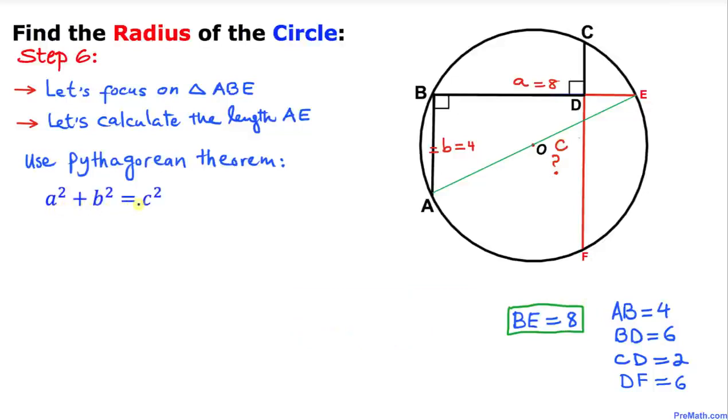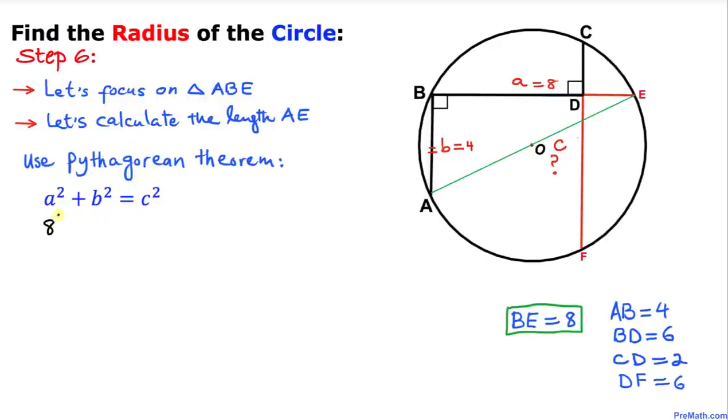And here's our Pythagorean theorem. A square plus B square equals C square. Let's fill in the blanks. A in our case is 8. That becomes 8 square, plus B in our case is 4 square. And we don't know C, we are just going to put down C square. So that's going to give us 64 plus 16 equals C square. So C square equals 80.